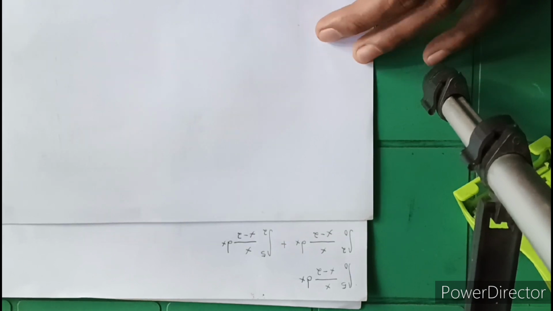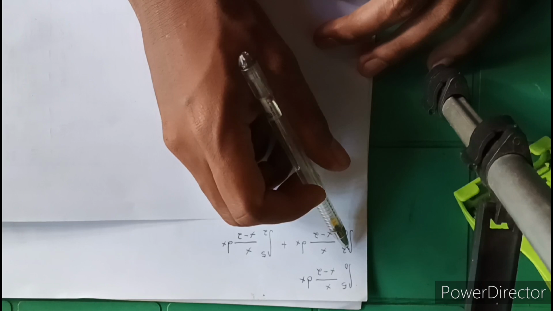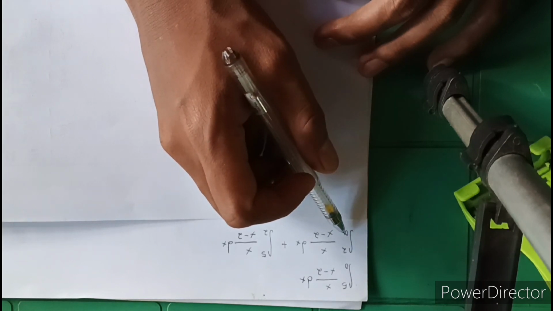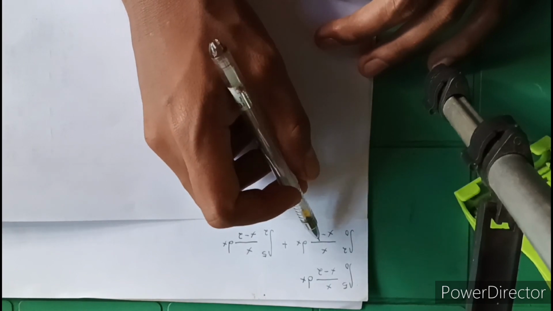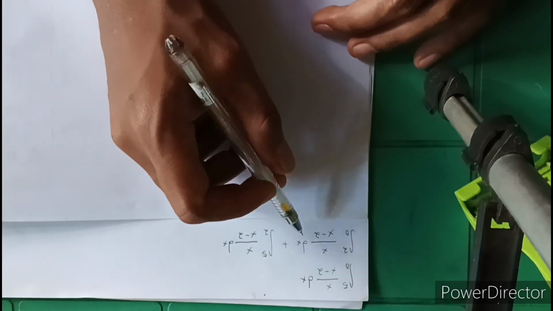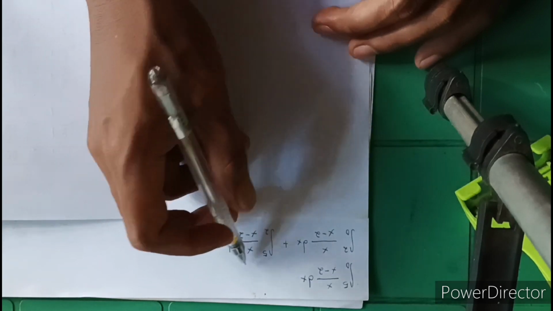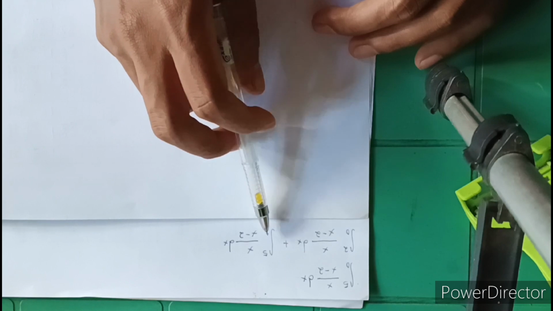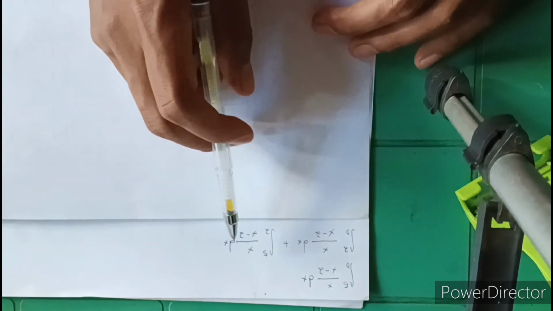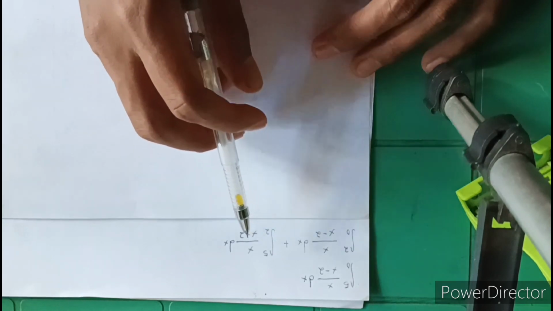So we can rewrite this as the integral from 0 to 2 of x over (x minus 2) dx, plus the integral from 2 to 5 of x over (x minus 2) dx.